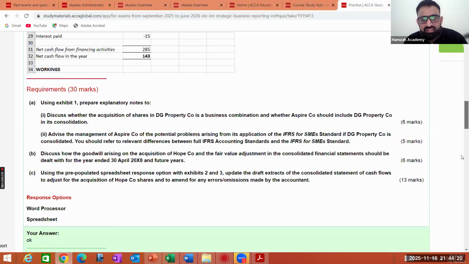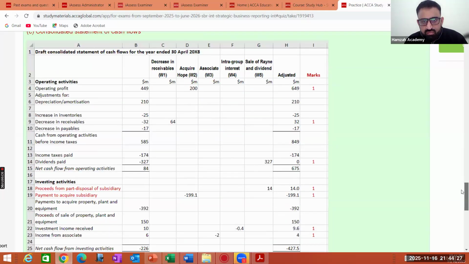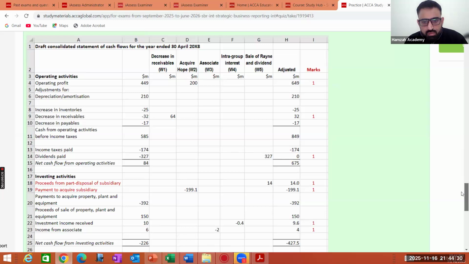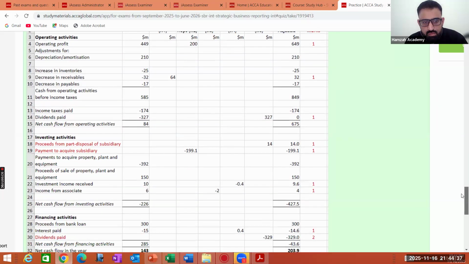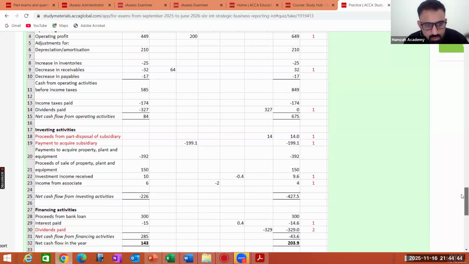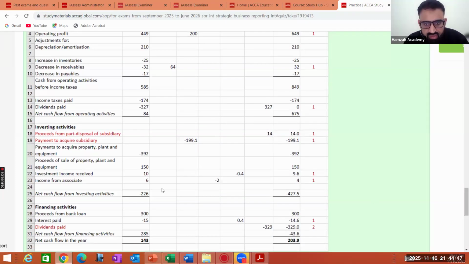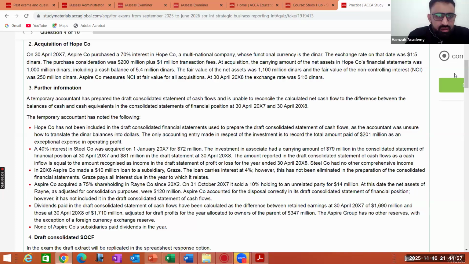Now, how we will adjust this here? The opening value of the associate was 79, plus 6, and the closing is 81.